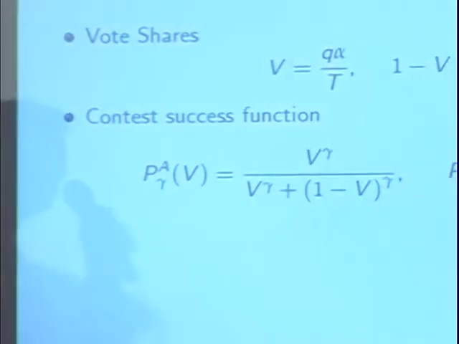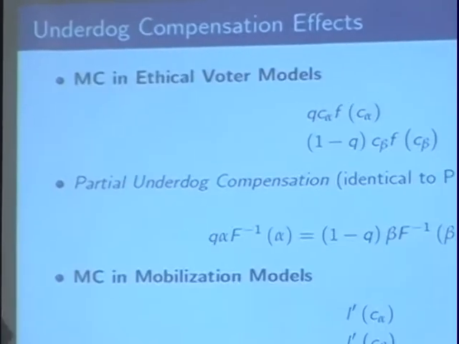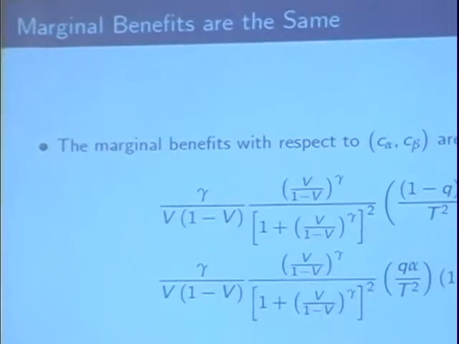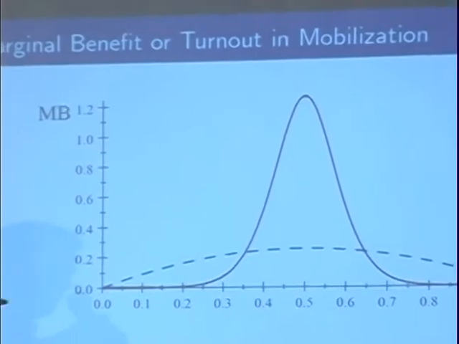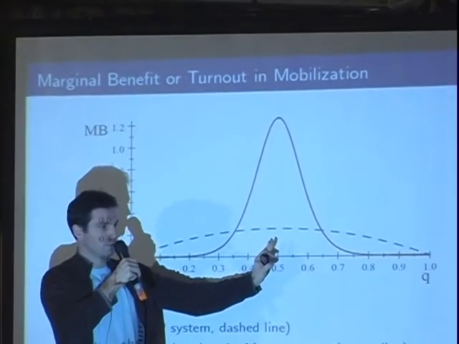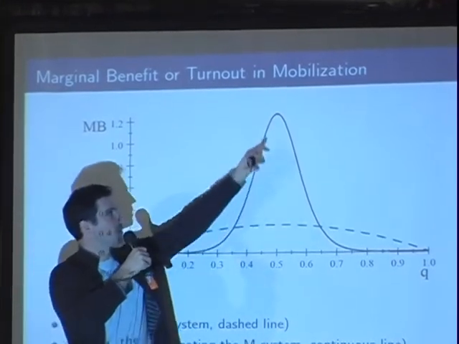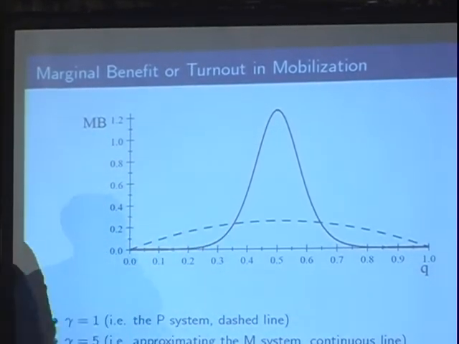You could do it in very parametric forms, like the CES function, for example. And we get the same result in the two models. So the picture again looks like this. So this is majority: close to 50%, turnout is higher; power sharing: turnout is higher if the election is not close.